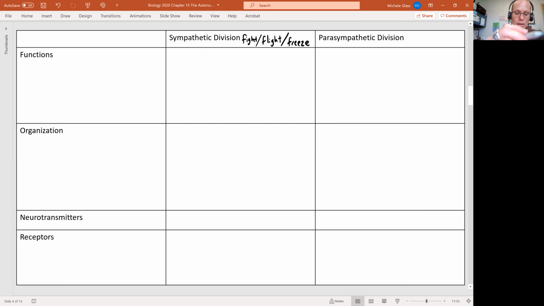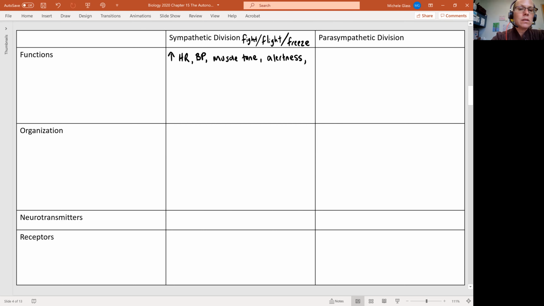So what we're going to see happening here is an increase of heart rate, an increase of blood pressure, an increase of muscle tone because we're really getting that skeletal muscle ready to respond, and an increase in mental alertness. So we're really getting ready to make decisions and be very focused.